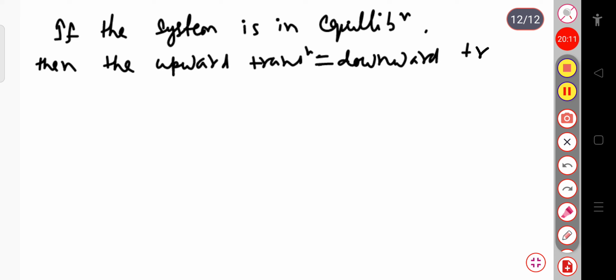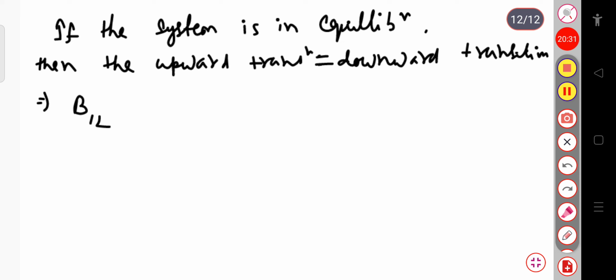If I substitute the values here, equation 1 will be equal to equation 2 plus equation 3. For the upward transition I have to write B12, that is the stimulated absorption here.